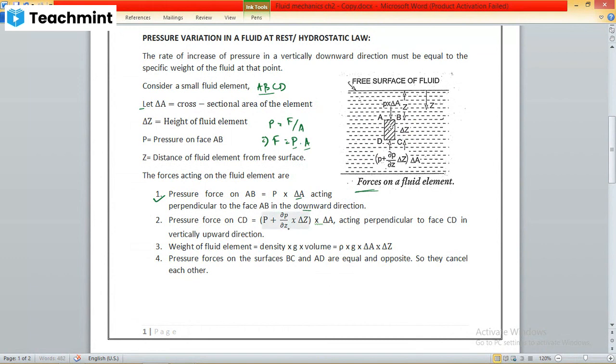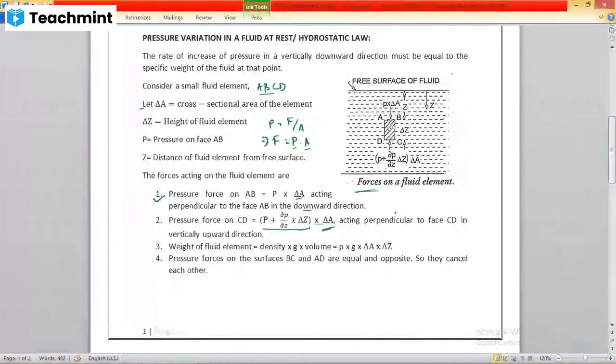This is the pressure which is acting on the face CD. And for the pressure force, you need to multiply by del A again, because the area of the face CD is del A. So the pressure force is P plus del P by del Z into del Z, times del A, acting on the face CD in the vertically upward direction.